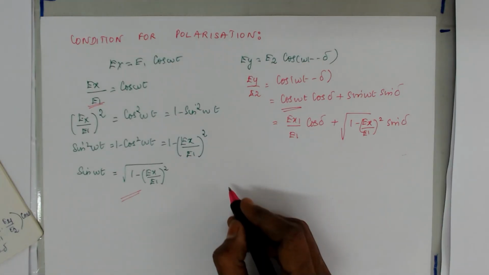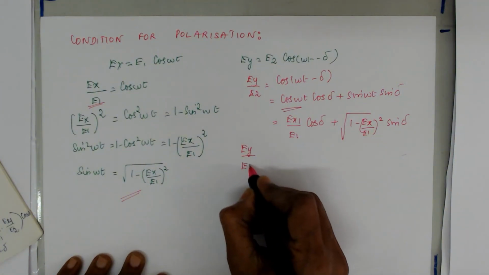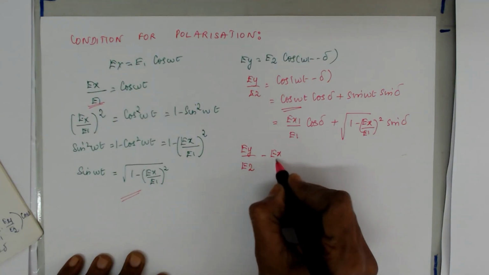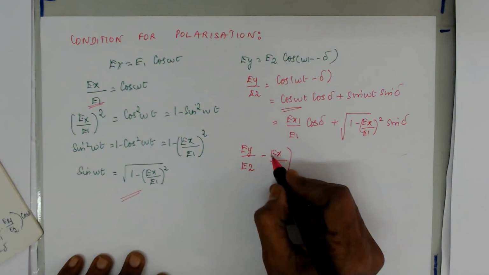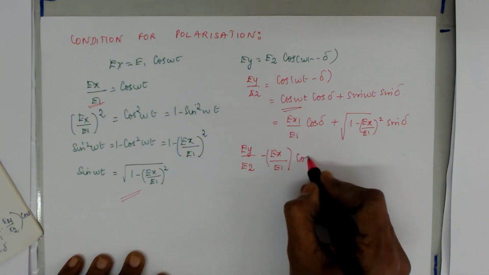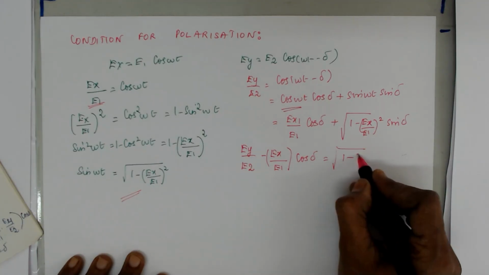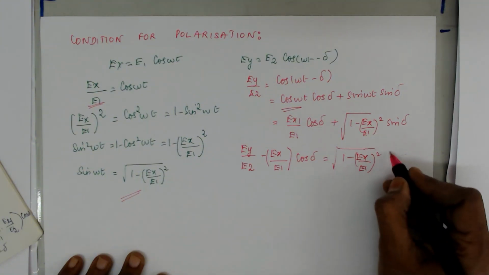Now we are going to rearrange this equation. Ey divided by E2 minus Ex divided by E1 into cos delta is equal to square root of 1 minus Ex by E1 the whole square into sin delta.